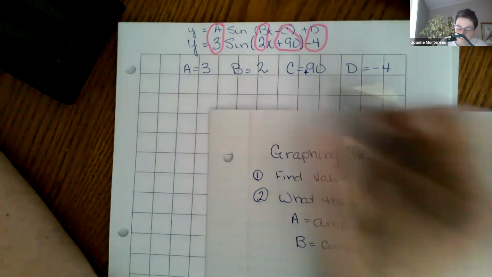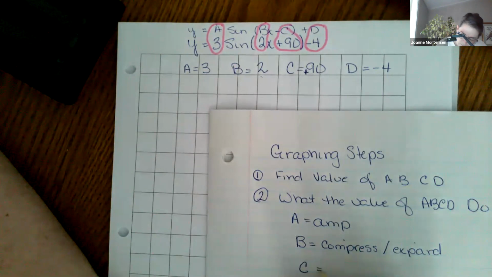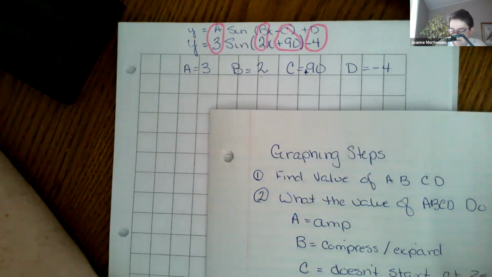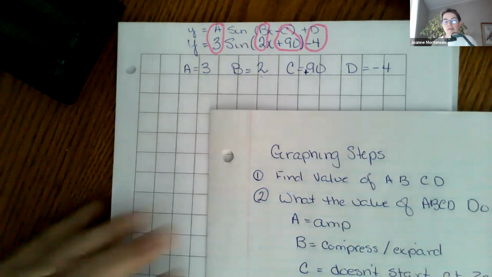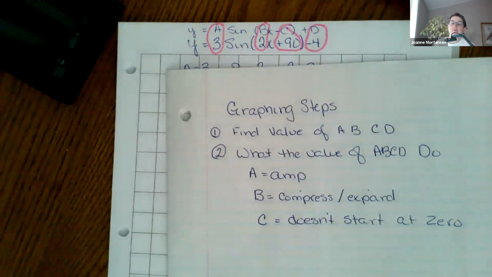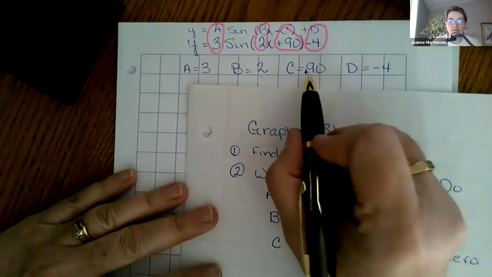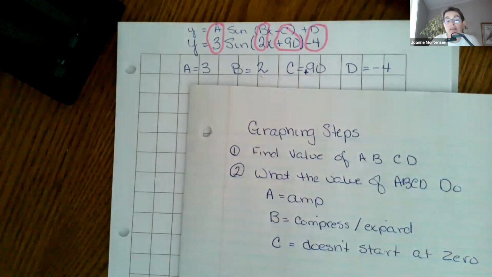This plus 90, C, is going to be, how about this? Make it easy. It doesn't start at 0. I don't, off the top of my head, actually know where it's going to start, but I know it's not starting at 0.